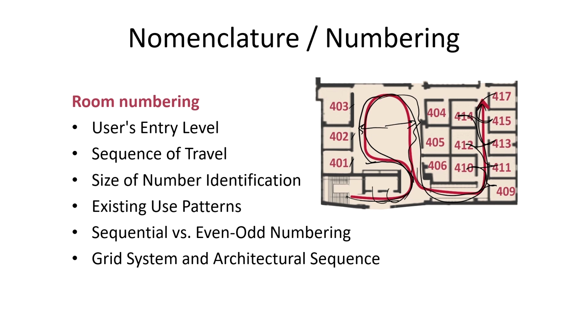Room numbering should follow the grid system of the building, taking into account the architectural sequence and the possibility of room modification such as partitions. So, it has to follow the grid system, so that in case I have modified a room into 1 and 2, it should be taken into consideration as A and B.